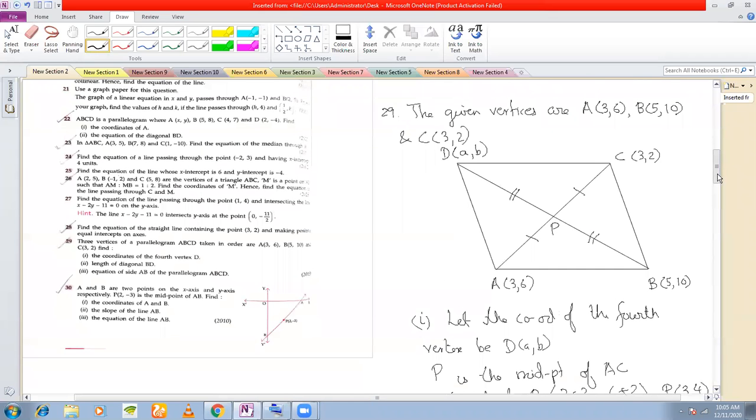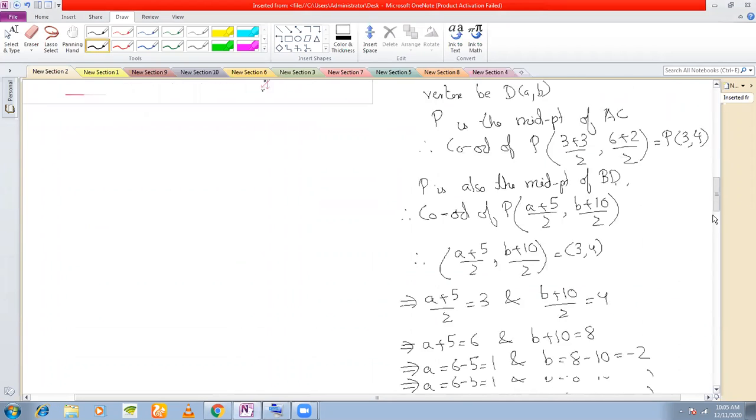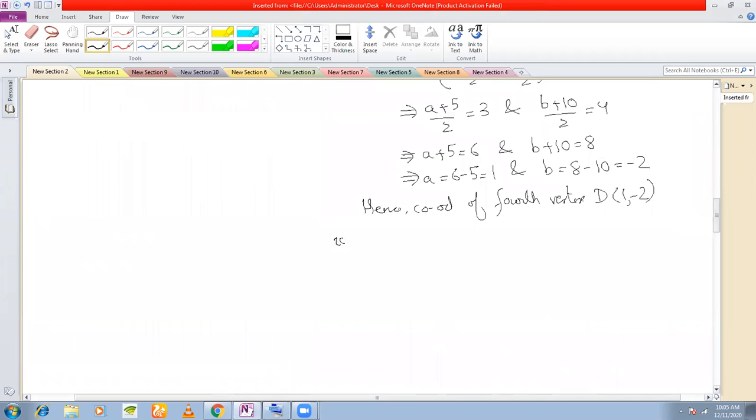There are two more parts. The next part says find the length of the diagonal BD. Now once we have found the coordinates of D, we can find the length of the diagonal BD by the distance formula. So let's write here number 2.